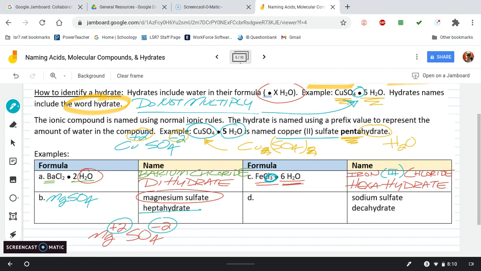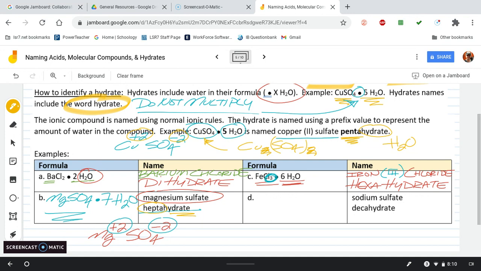And then heptahydrate, it's going to be a dot. I'm trying to get a decent looking dot here. A dot. And hepta is 7. So 7H2O. So there's the magnesium sulfate, and then there's the 7H2O, the 7 coming from the hepta, the H2O coming from the hydrate.